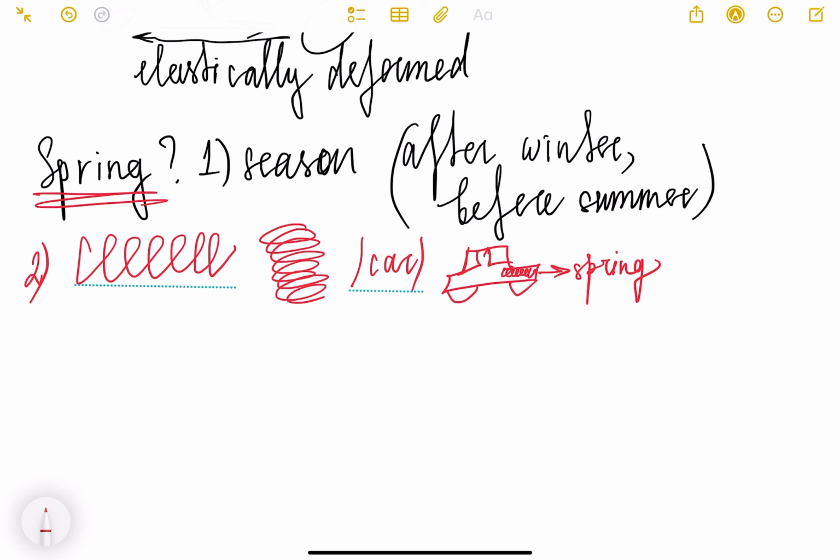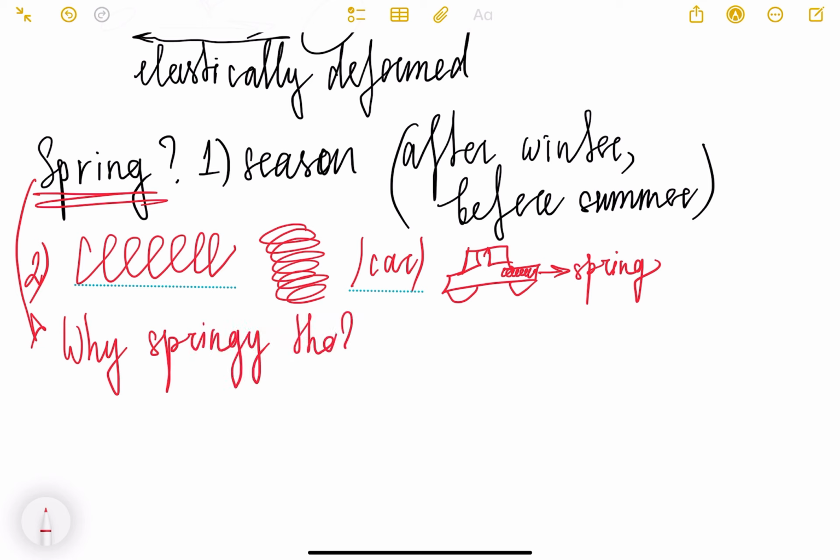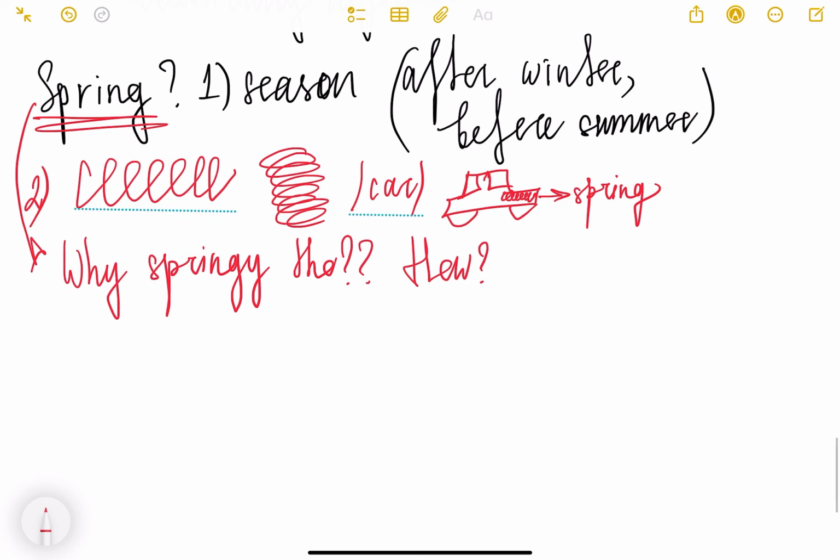So why is a spring springy? We have to learn about it from this paragraph, okay? It sounds like a silly question, but think about it for a moment. We talked about it a lot.